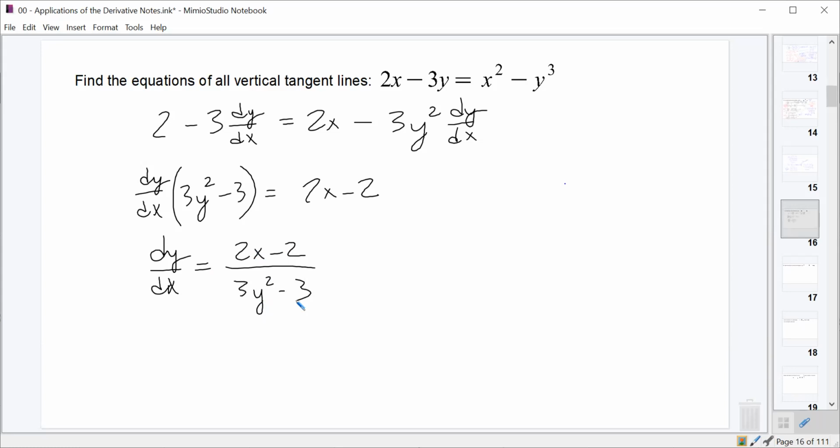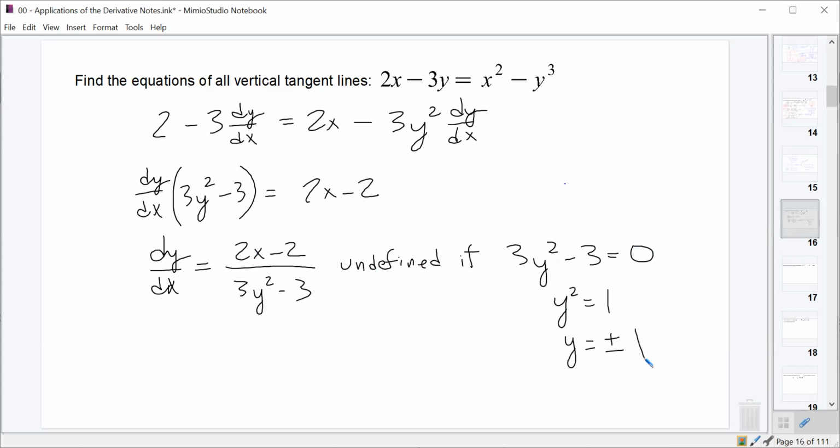And so from there, we'll just take our derivative and see when it's undefined. So we'll say this is undefined if 3y squared minus 3 equals 0. That's a pretty straightforward one to solve. If we add 3 to the right-hand side, and then the left-hand side, and then divide by 3, we get y squared equals 1, or y equals positive or negative 1.